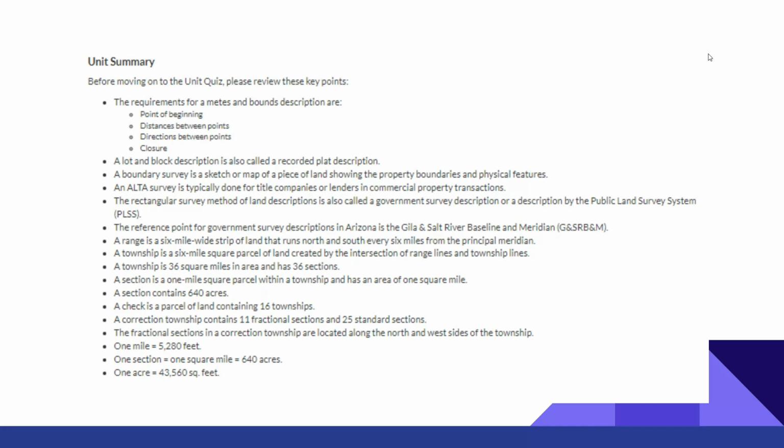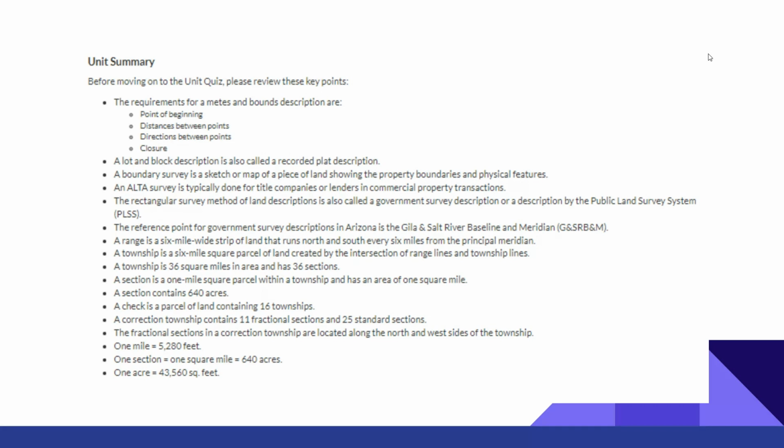And the rectangular survey method of land description is also called a government survey description or a description by the public land survey system. The reference point for government survey description in Arizona is the Gila and Salt River baseline and meridian. A range is a 6-mile wide strip of land that runs north and south every 6 miles from the principal meridian.